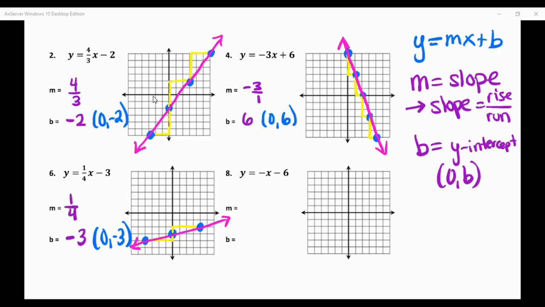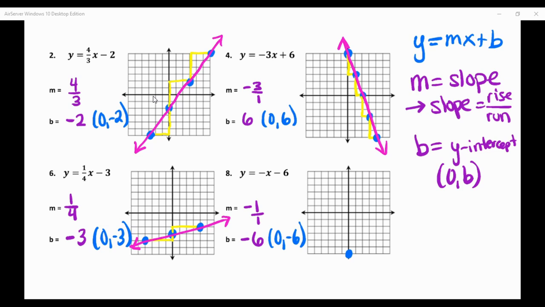Last one, number 8. The slope is -1, which we'll express as -1 over 1. The y-intercept is -6. So the first point on our graph will be 0, -6. From here, we want to plot the next point by using the slope.